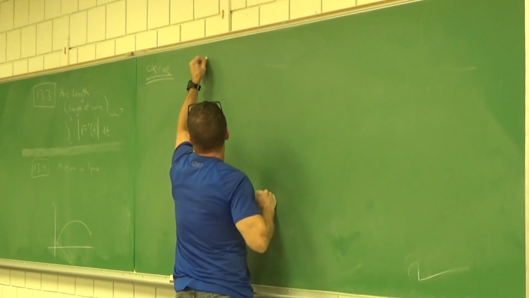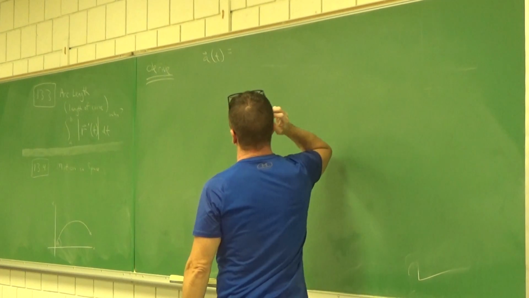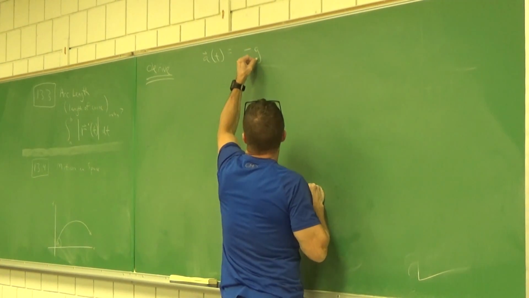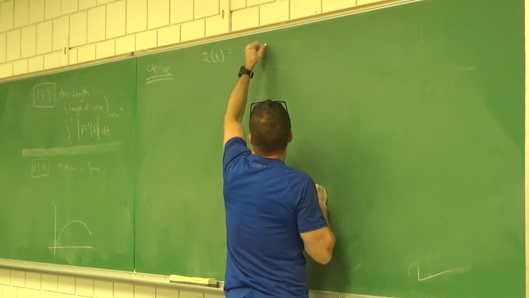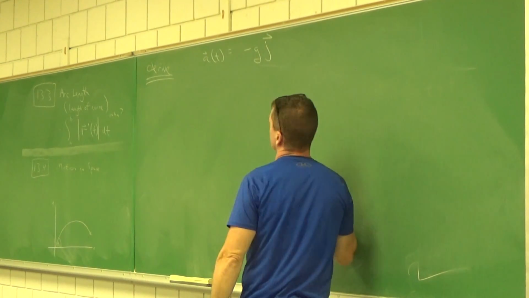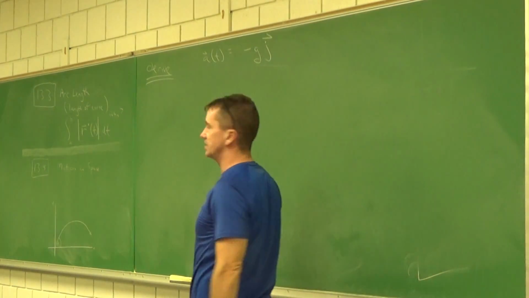Let's just start with acceleration. How about I put negative g just on the j component, due to acceleration. There we go, we got negative g.